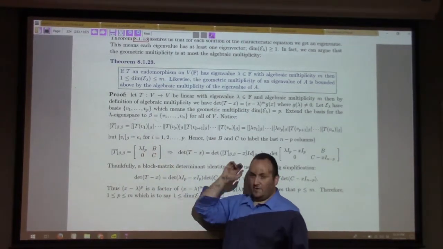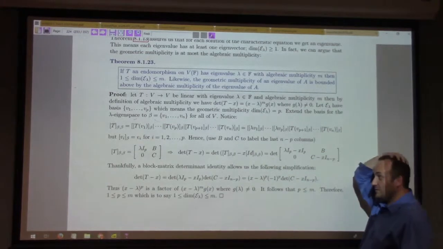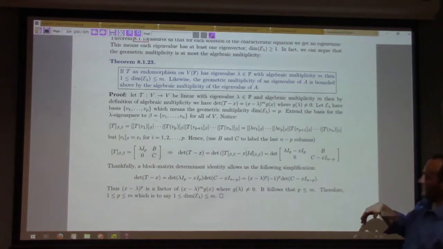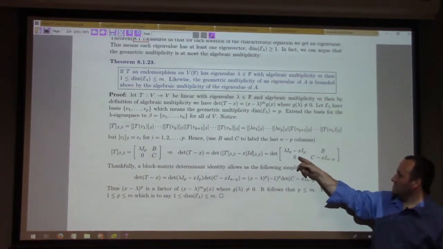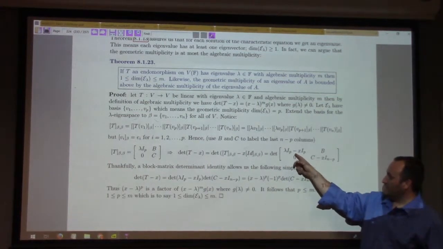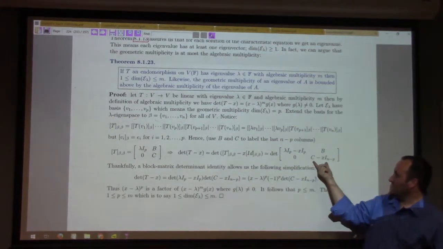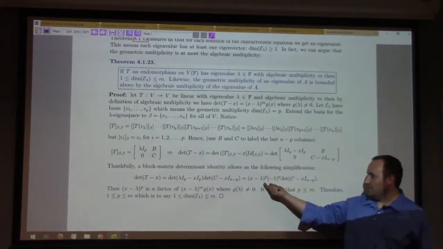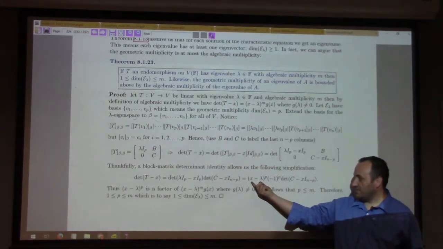And then we get a pair of matrices over here. I don't really care what happens there. The point is, when you look at the characteristic equation, you get x minus lambda to the p power from this piece, and whatever else happens over here, I don't really care. So that means that x minus lambda to the p is a factor of the characteristic equation.